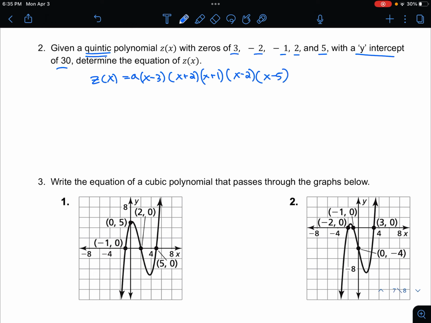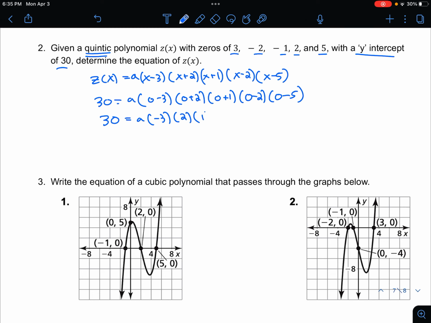We'll put our a value out in front. Plug in the y-intercept, so 30 equals a. Let's see, 0 minus 3, 0 plus 2, 0 plus 1. Okay. 30 equals a times -3 times 2 times 1 times -2 times -5. -5 times -2 is 10, times 1 is 10, times 2 is 20, times -3 is -60.